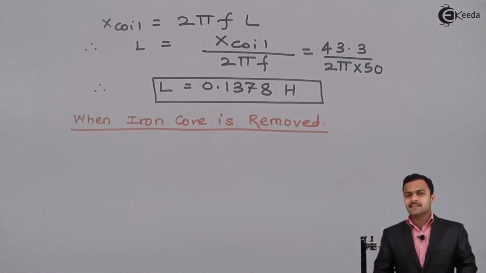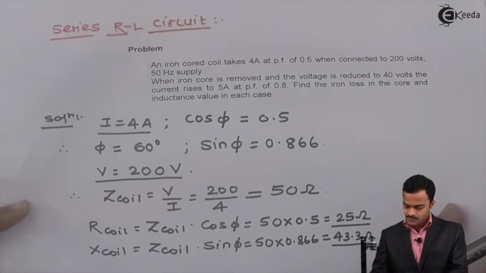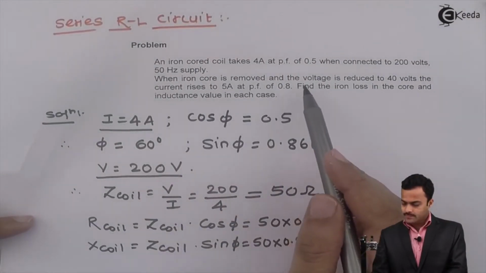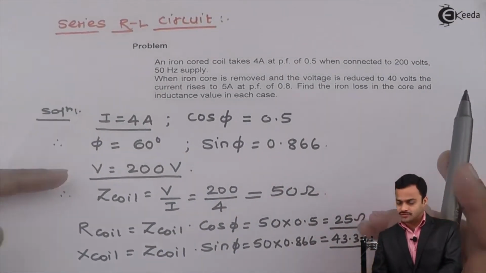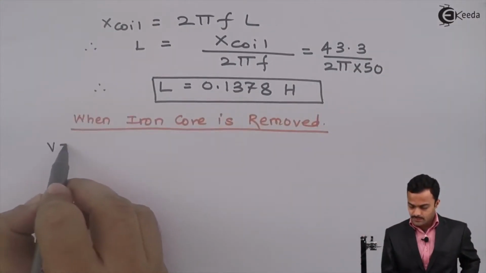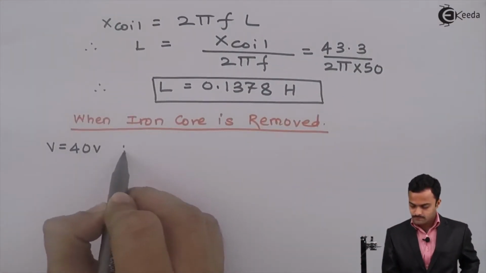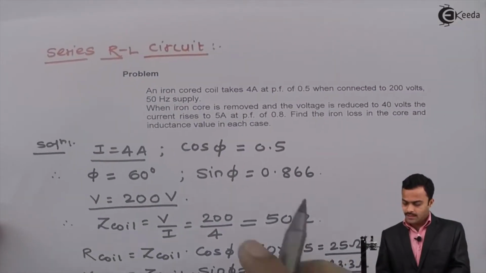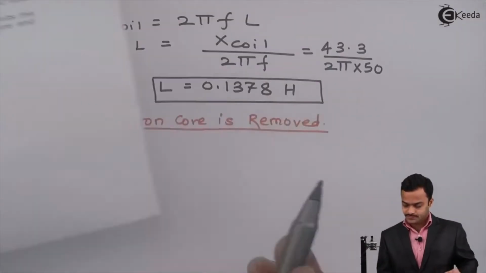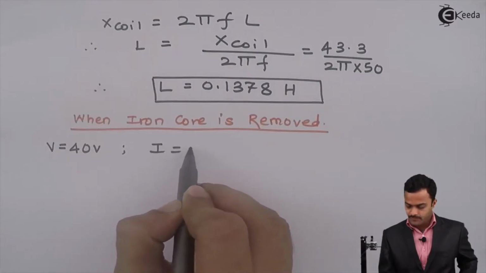So what are the conditions when iron core is removed? Let's go back to the problem. When iron core is removed, the voltage is reduced to 40 volts. So voltage becomes 40. Current rises to 5 ampere. Current becomes 5 ampere.